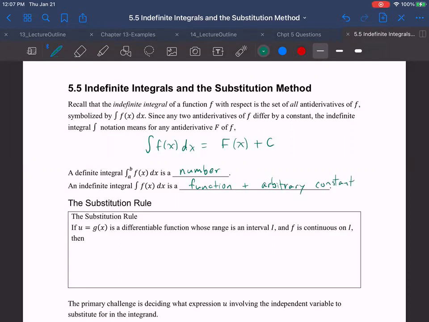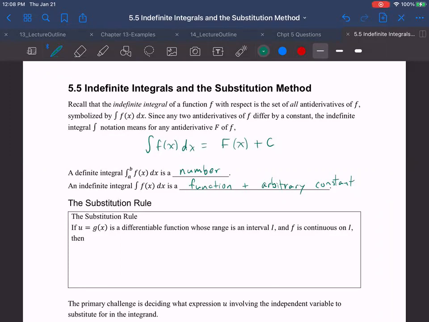Okay? So you're basically going to do the exact same thing as before, except you're going to put plus c, and then you're not going to actually plug anything into the x values. You're not going to do like the function of b minus the function of a. You're just going to leave the function and put plus c. All right, like a generalized solution here.